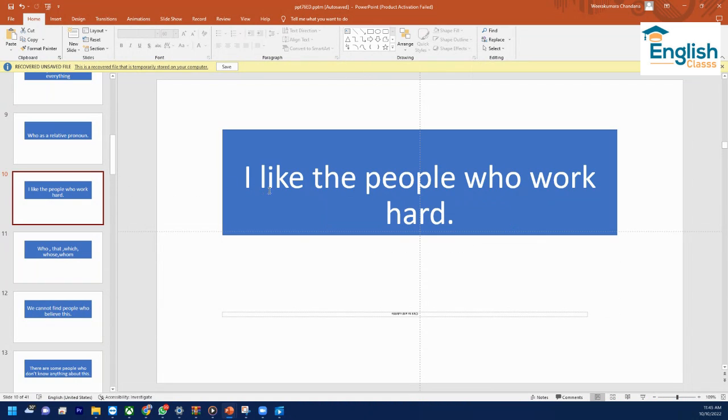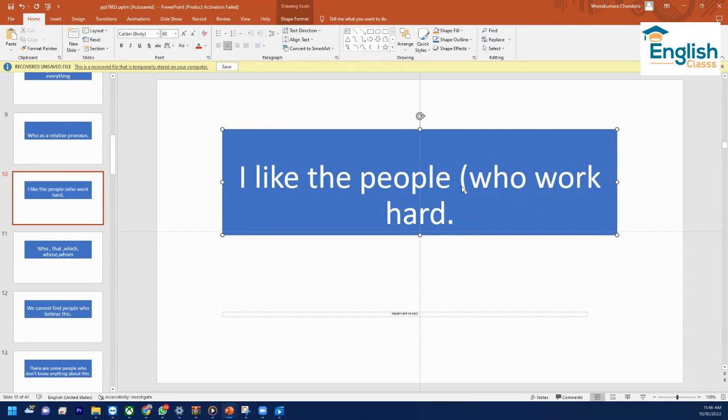Look at this example given here. I like the people who work hard. Here, who work hard is the relative clause. The word who is the relative pronoun, and who work hard is the relative clause.